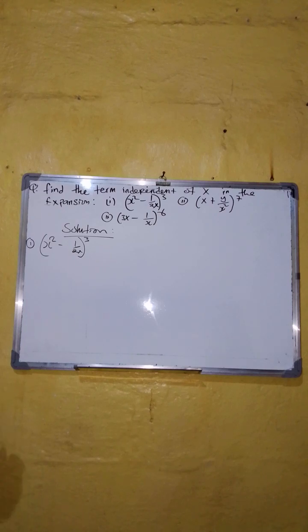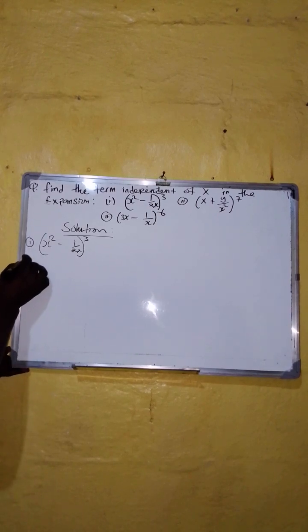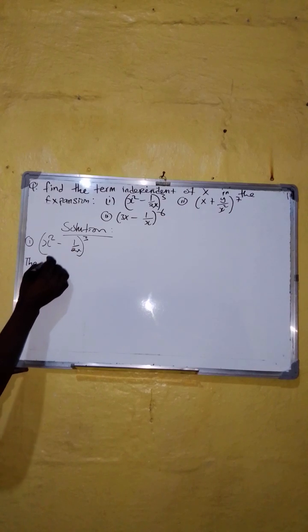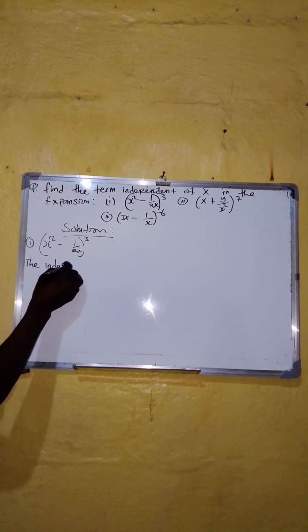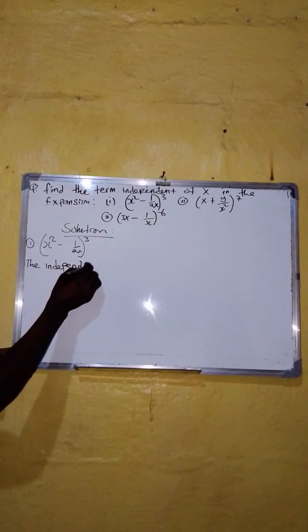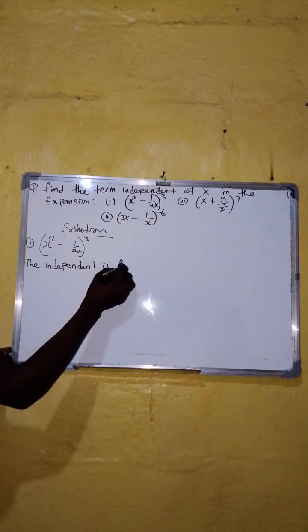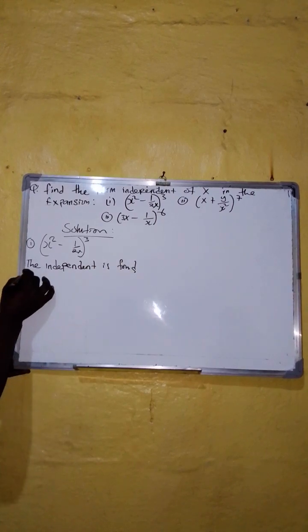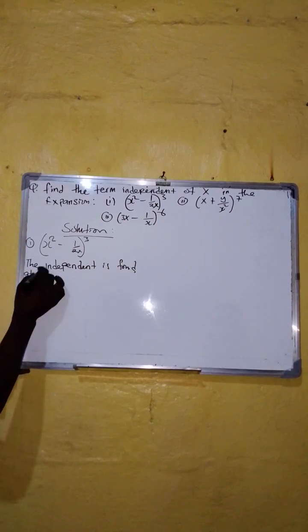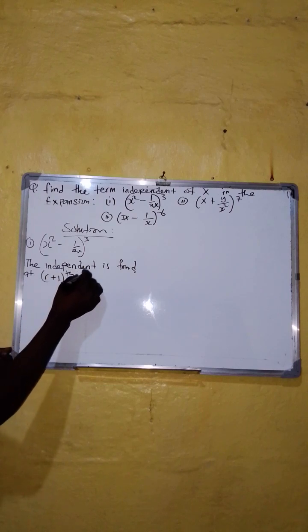So what did we say? The independent term is found at the r plus 1 position.